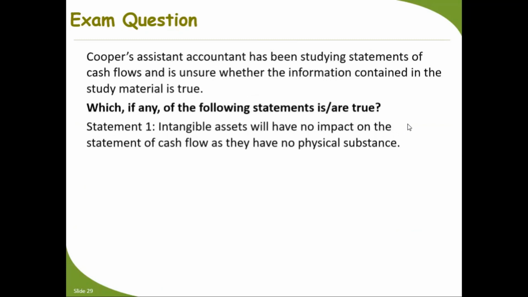This is a wrong statement because this logic is wrong. We have discussed under IAS 38 that sometimes we may purchase intangible assets. Once we are purchasing, there is a possibility of cash outflow. So they may have an impact on your statement of cash flow. So this is a wrong statement.